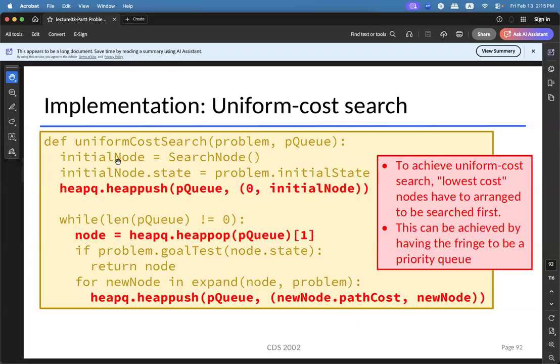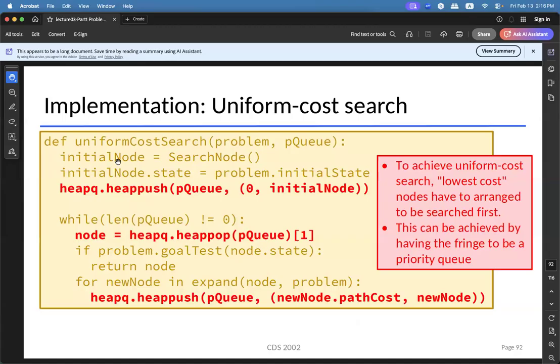So that is the meaning of priority queue. That is why before I talk about priority queue, I asked you whether you know heap, because one of the easiest ways of implementing a priority queue is using heap.